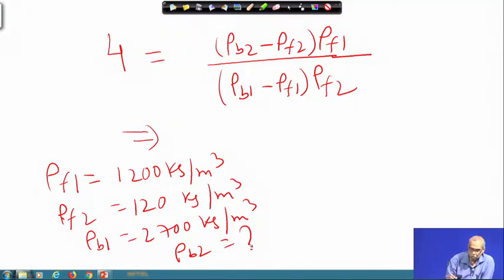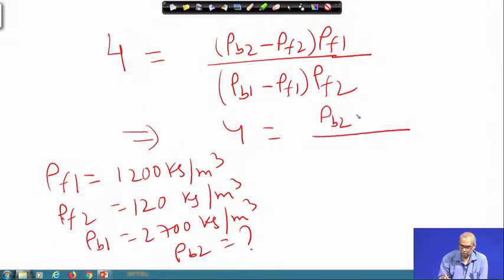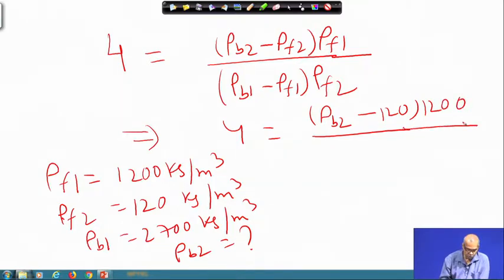So, everything is known here, except rho B2. 4 equal to rho B2 minus rho F2, rho F2 is 120, rho F1 is 1200, divided by rho B1 minus rho F1, rho B1 is 2700 minus 1200, into rho F2, which is 120.